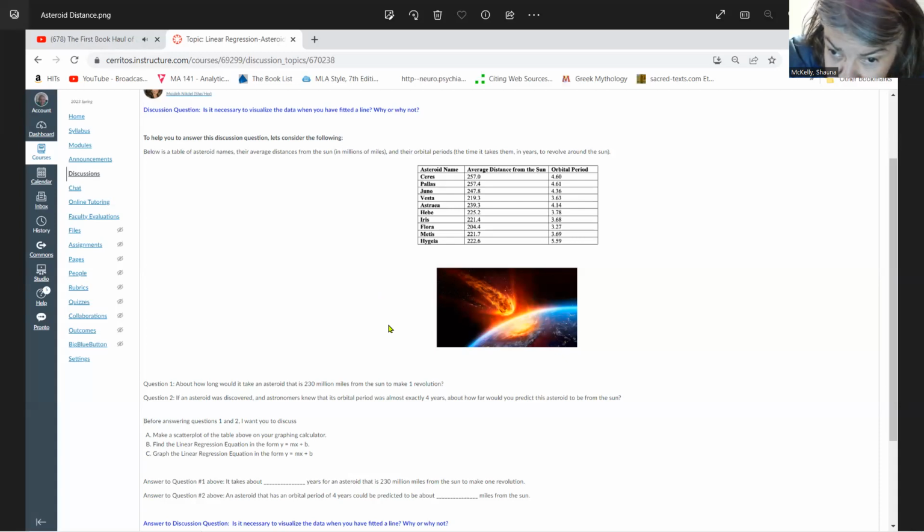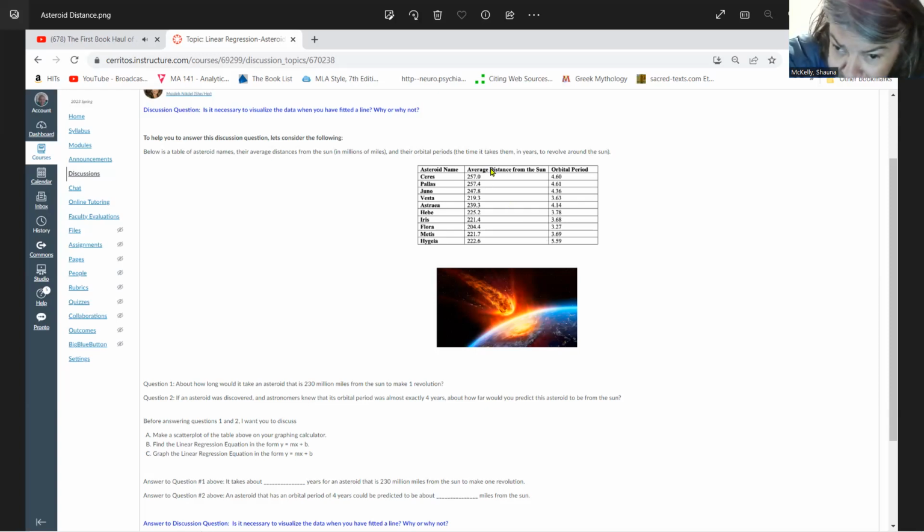For a bit of context, she's given you some asteroids and their names, their average distances from the sun in millions of miles, and then their orbital period, which is the time it takes them to make one revolution around the sun in years. Okay, so Ceres, Pallas, Juno, Vesta, and so on.